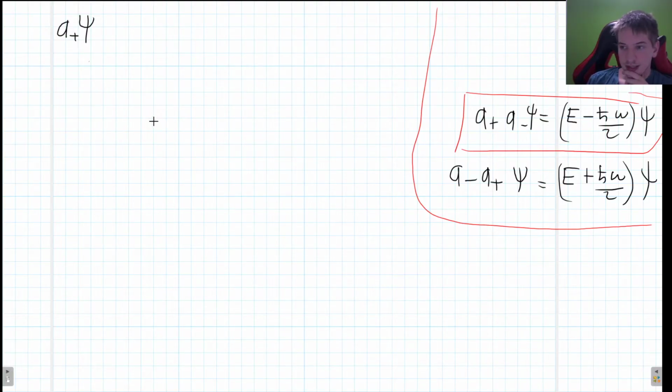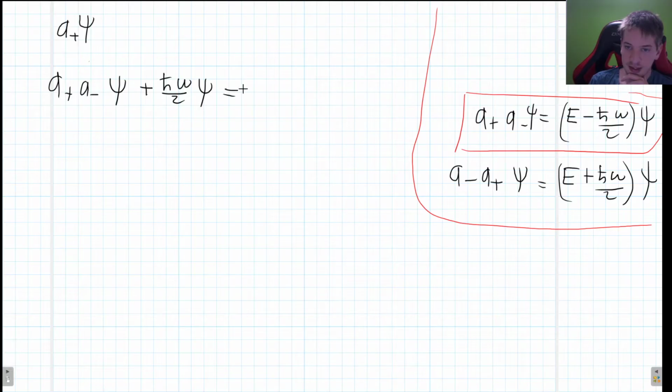Okay, so let us write down the Schrödinger equation. So using this first relationship, we can see that A plus A minus acting on psi plus h bar omega divided by 2 times psi is going to be the energy of this wave function, right? All I did was multiply both sides by this h bar omega divided by 2 term, so that I left this energy alone.